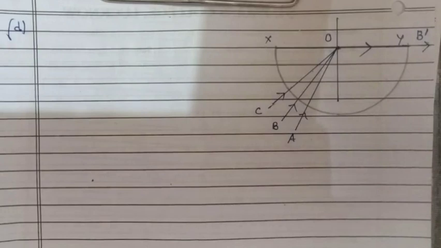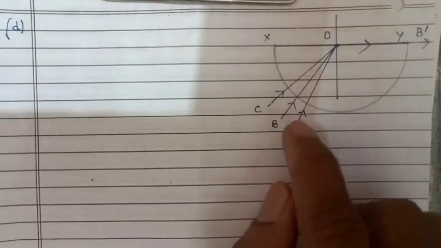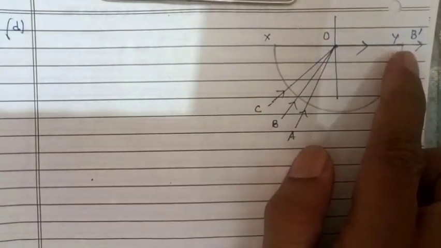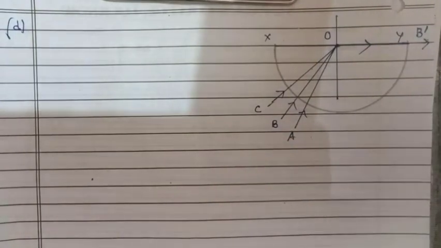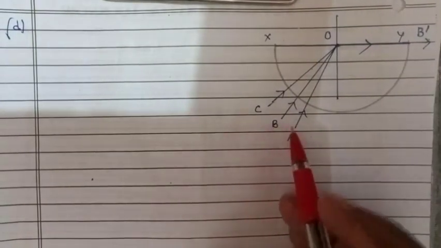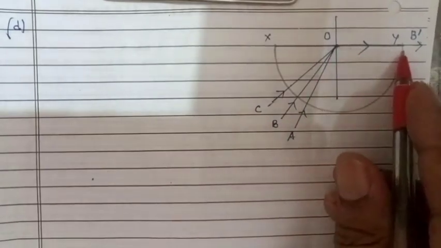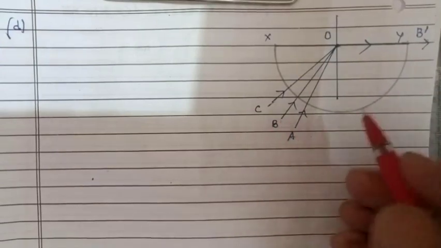Now the question says, on the diagram, first of all, you have to mark the critical angle. Now remember, whichever ray of these three rays will be passing along the surface, that ray will be making the critical angle. So in the diagram you can see ray B is passing along the surface, so that means ray B is making critical angle.